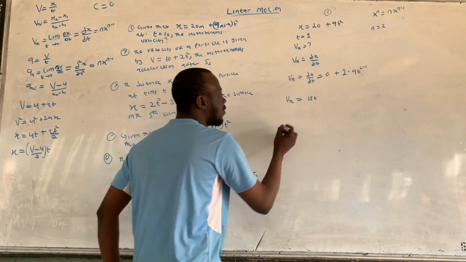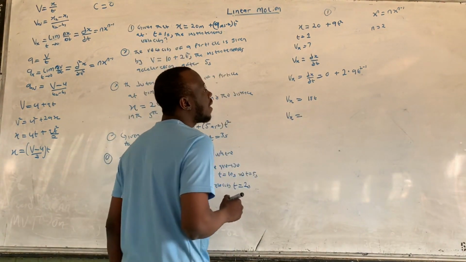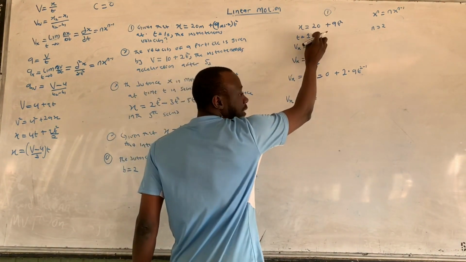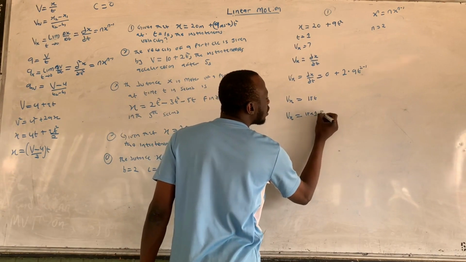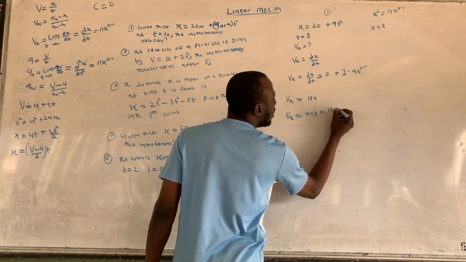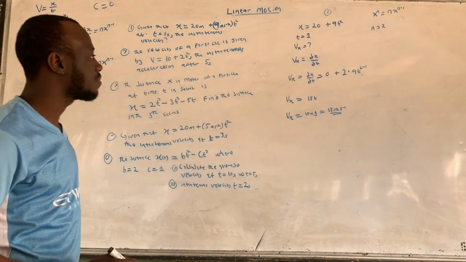So now the value of Vx: here we have our t is 1. 18 times 1 equals 18 meter per second. That is our Vx.